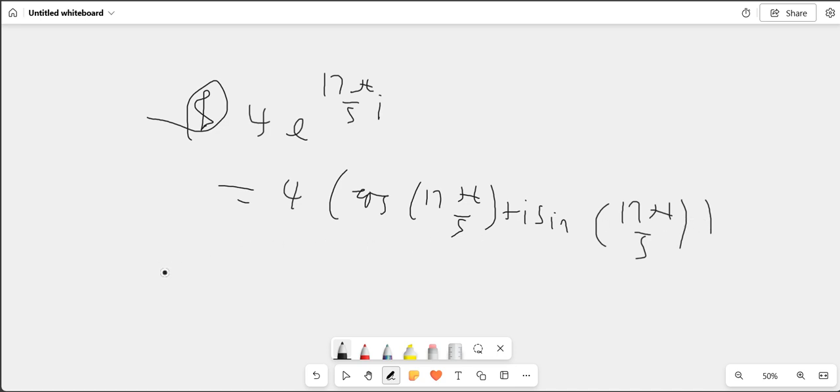So take away 2 pi, and you'll get 7 pi over 5.